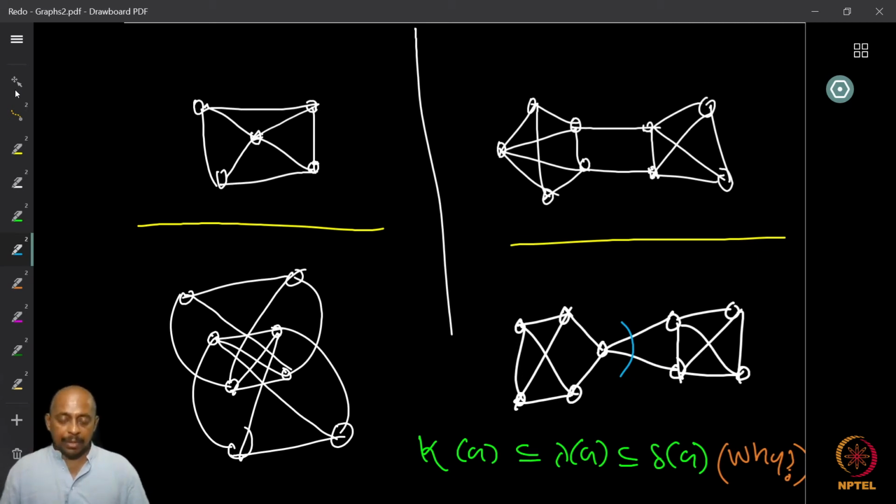This should be intuitively clear, but I want you to give a formal proof. So think about why vertex connectivity is less than or equal to edge connectivity, less than or equal to minimum degree. And we will use this result later.